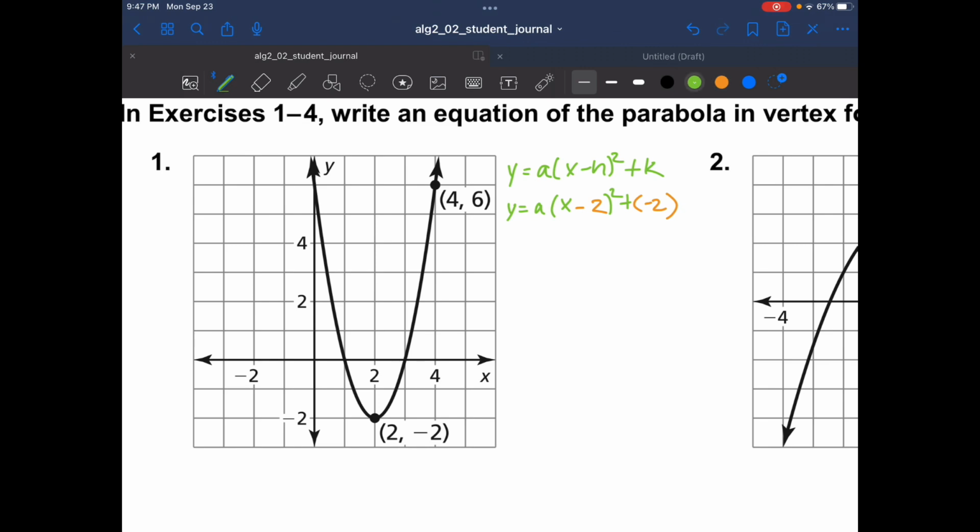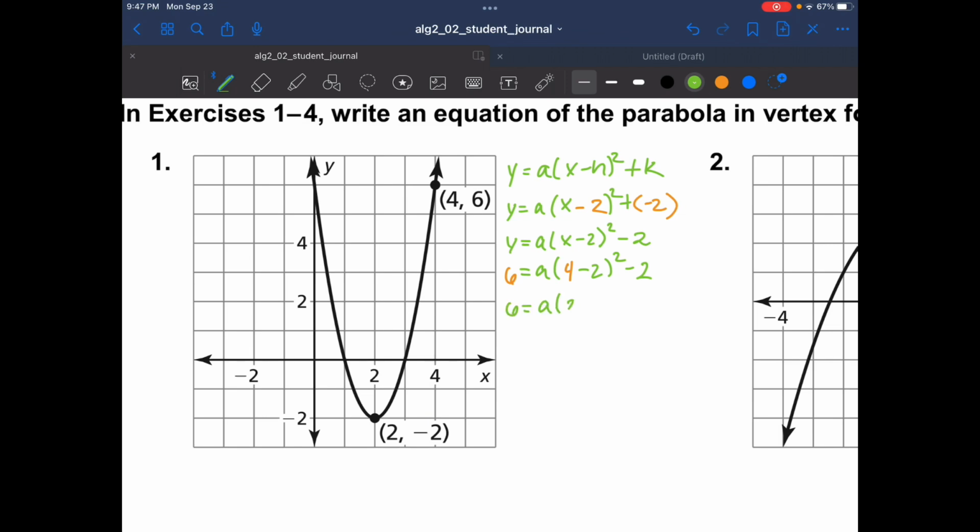Okay. Then we're going to go ahead and simplify. We have y equals a x minus 2 squared minus 2. We're going to plug in another set of points. So we're going to plug in this set now. So this is going to be 6 equals a, and then we're going to plug in 4 minus 2 squared minus 2. This is because we want to be left with only one variable, and that variable is a.